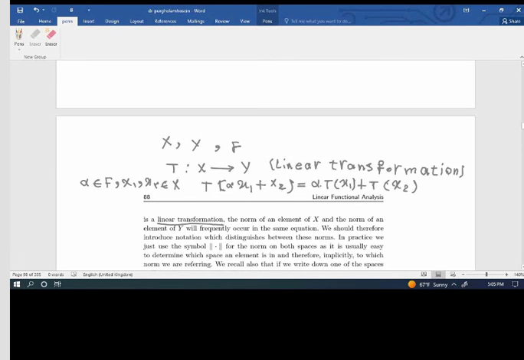So we have X, Y, two normed spaces, and F as a scalar field, and T is from X to Y. We say that T is linear or a linear transformation when for alpha in F, I mean scalar alpha, and two vectors x1 and x2, we have T of alpha x1 plus x2 equals alpha T of x1 plus T of x2. We call this a linear transformation.